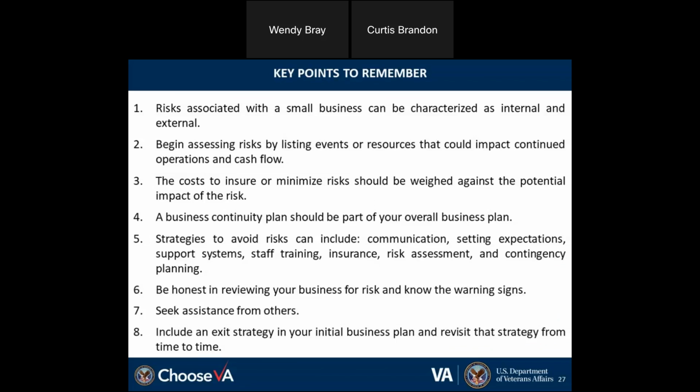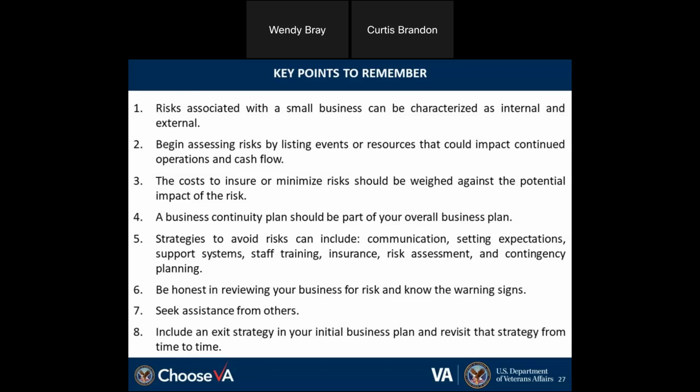So if you do not have a business plan, know that with your resources, the Small Business Administration is there. Your Small Business Development Centers, one of the advisors can assist you with the development of your business plan. The Small Business Administration actually has something on their website about the development of your business plan, and SCORE can assist as well.